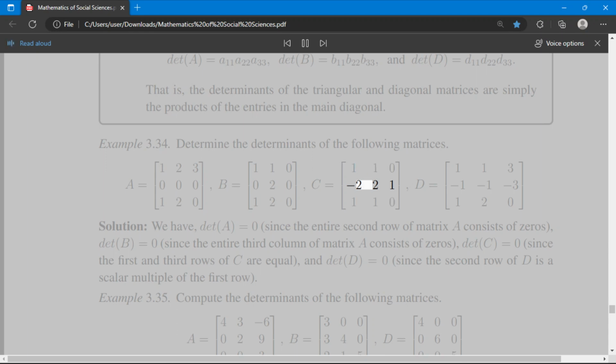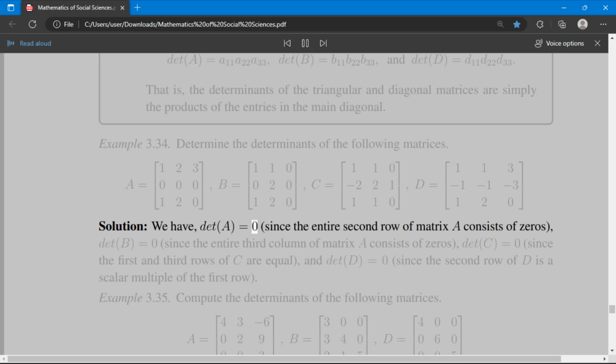C equals [1 1 0; 2 2 1; 1 1 0]. D equals [1 1 3; 1 1 3; 1 2 0].